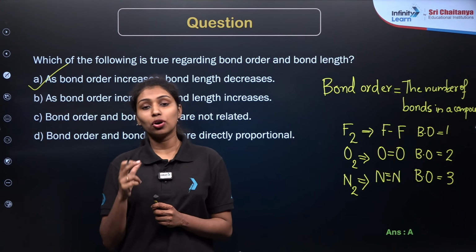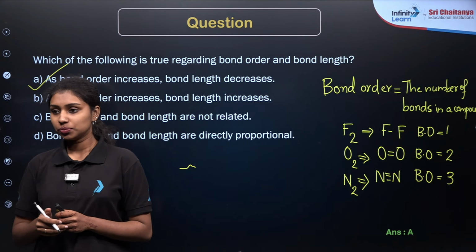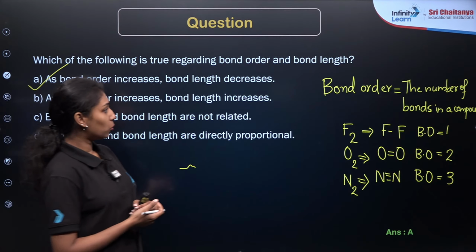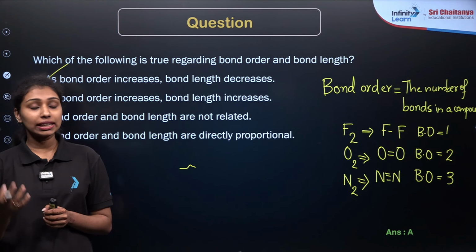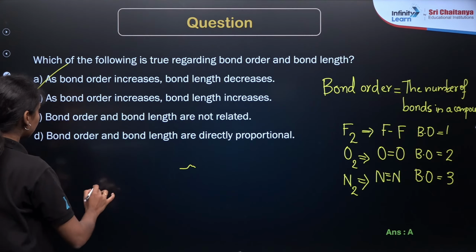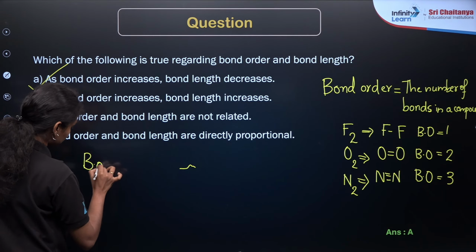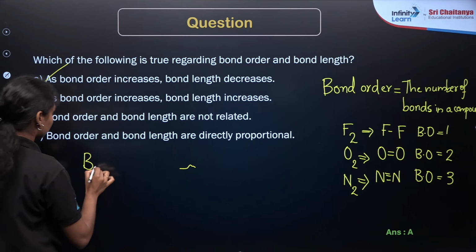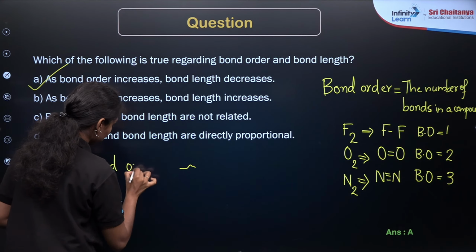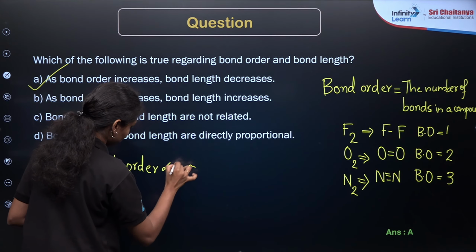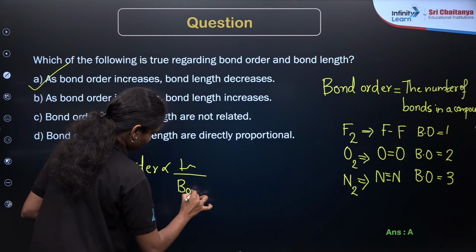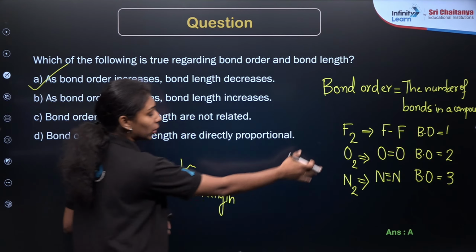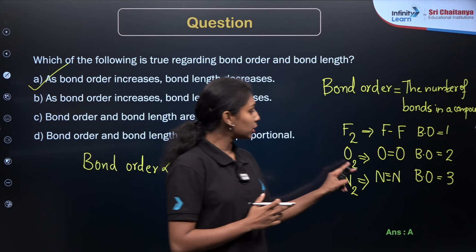So whenever we are discussing bond order and bond length, they are inversely proportional, right? As the bond order increases, bond length decreases. So if you are comparing these three molecules, bond order increases from fluorine to oxygen to nitrogen, right?